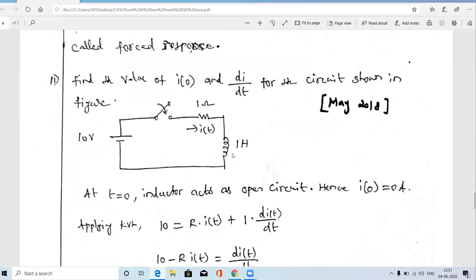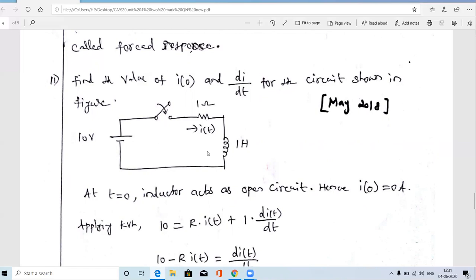In the series RL circuit, the 10 volt voltage source is connected to the RL circuit via a switch. If the switch is open, the current flowing through the resistor and inductor is 0. Only when we close the switch is there a current flowing through the components.